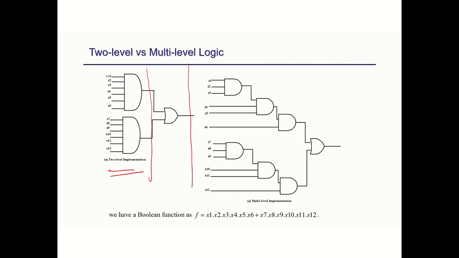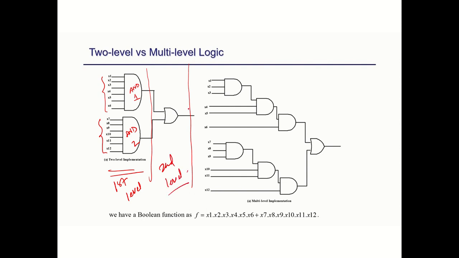We have considered x1, x2, and different inputs which define the output of the first AND gate. This is AND gate 1, this is AND gate 2. These are the different inputs which define AND gate 2, and finally the outputs are defined in the second stage. That is the two levels: this is the first level, this is the second level.